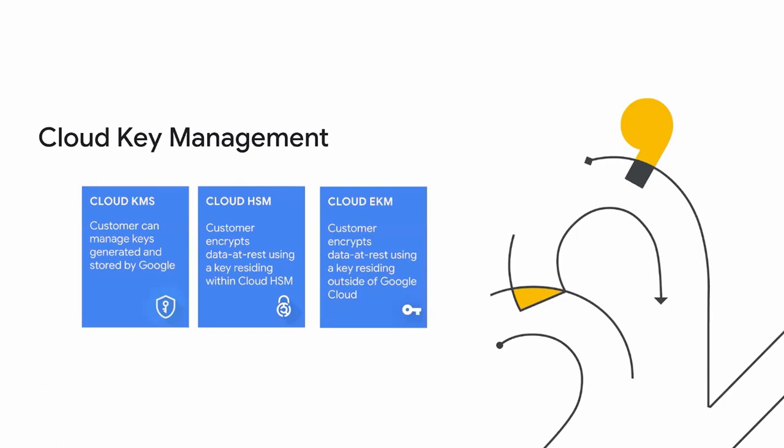You can centrally manage encryption keys through a cloud-hosted key management service that lets you manage both symmetric and asymmetric crypto keys for your cloud services, the same way you today maybe do it on-prem. You can generate, use, rotate, or even destroy the keys within this centrally managed service.